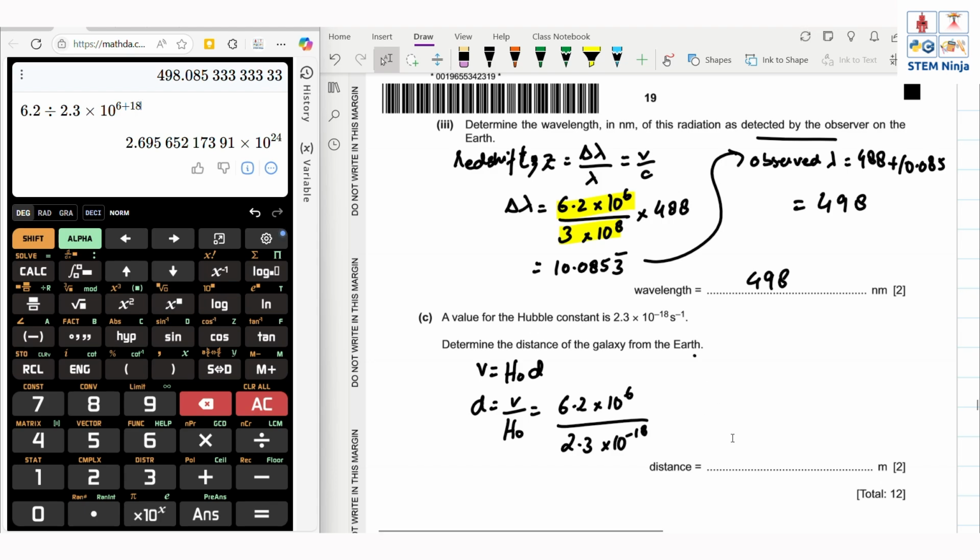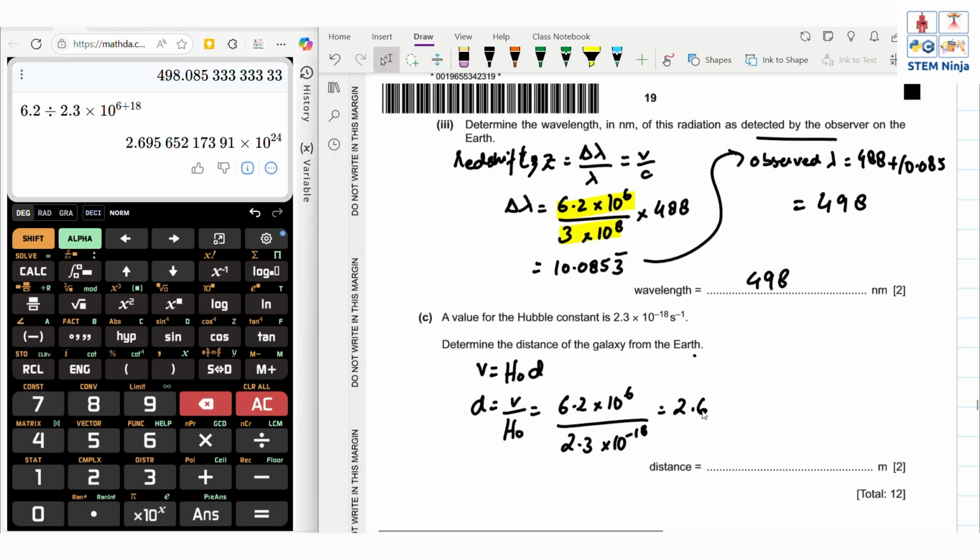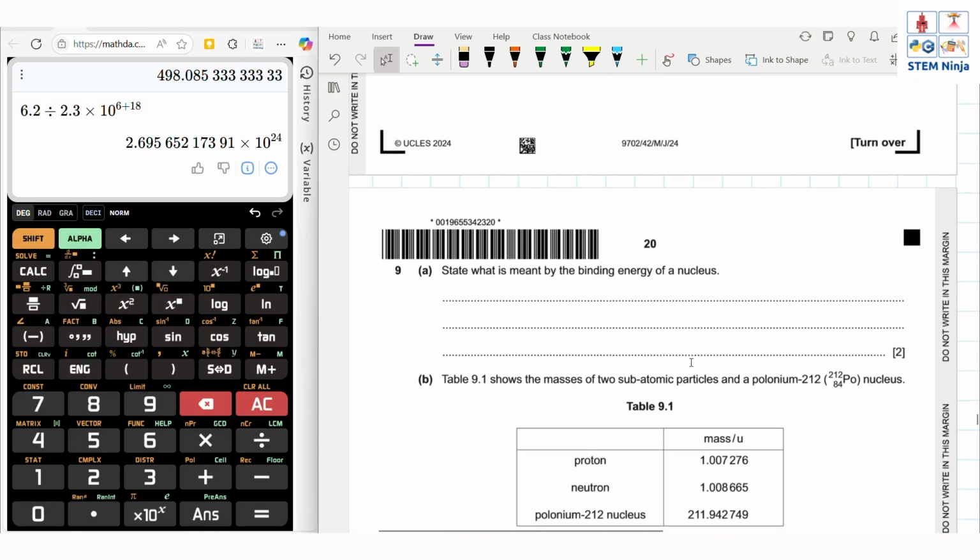That is 2.695 times 10 raised to power 24. So you can convert this into two significant figures. So 2.7 times 10 raised to power 24 meters. Good. All right. Now moving to the next question.